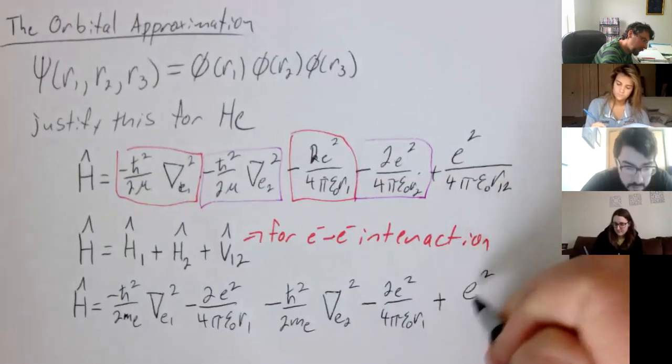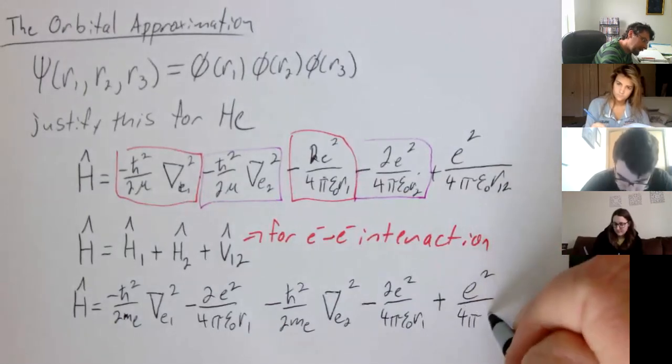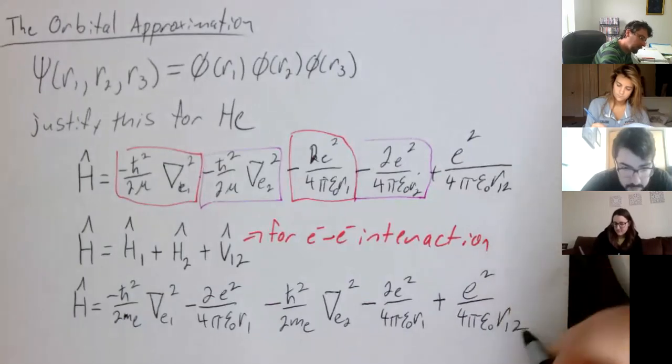Plus e squared over 4 pi epsilon naught r12.